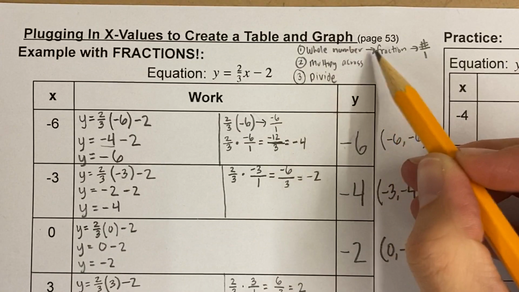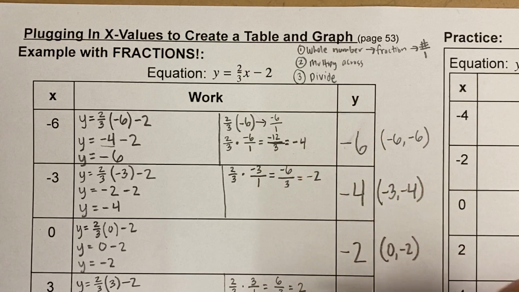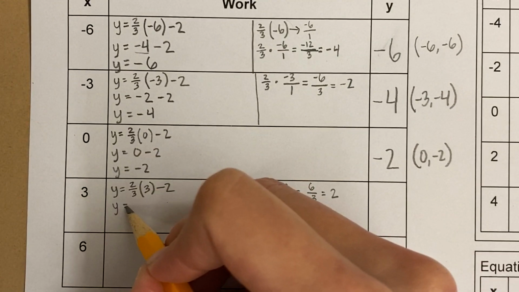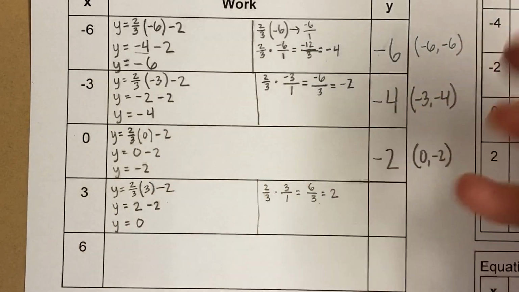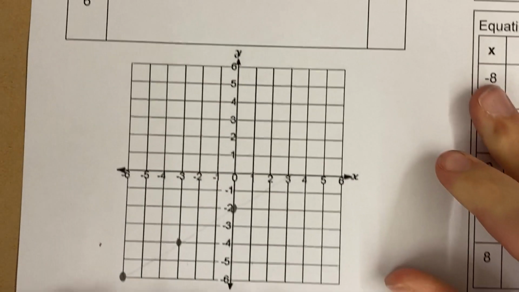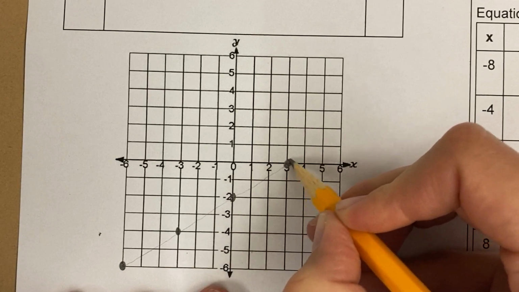I just followed those steps: I wrote 3 as a fraction, I multiplied across, and then I divided. So this 2/3 times 3 is 2. Bring down minus 2, and hey, that's 0, which is hopefully what you were expecting after you saw me sketch on this graph. If I draw the straight line, I end up at this point right here, 3, 0.